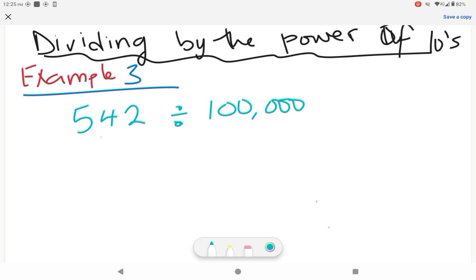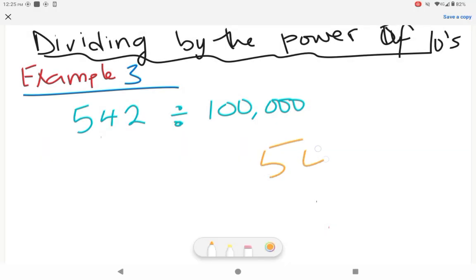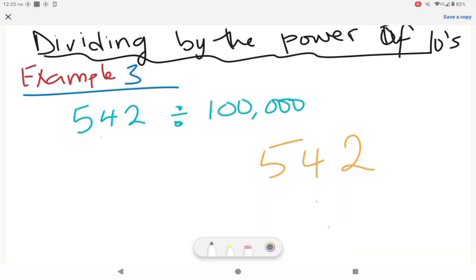Yes, five zeros. So I have to write the digits down: 5, 4, and 2. And I have to jump five times, because 100,000 has five zeros. I have to start my jumping from the ones. The ones is 2 right here. I have to jump five times.